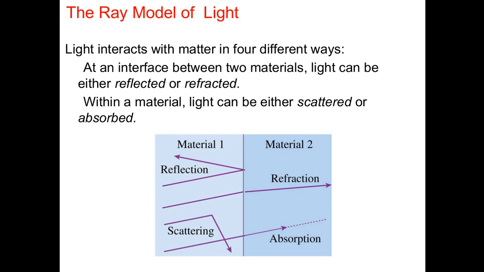So the energy that the light ray has actually gets transferred into the material. The two primary interactions we're going to be dealing with in chapter 22 are reflection and refraction. So we're going to focus on these two types of interactions, and then in chapter 23 we're going to deal with how mirrors reflect light and how lenses refract light.